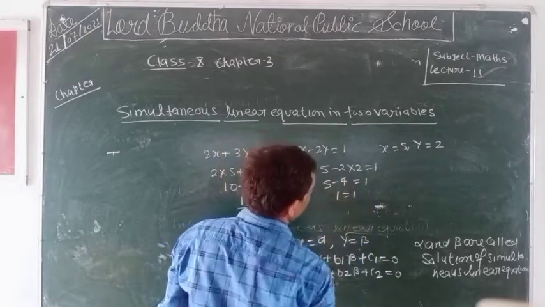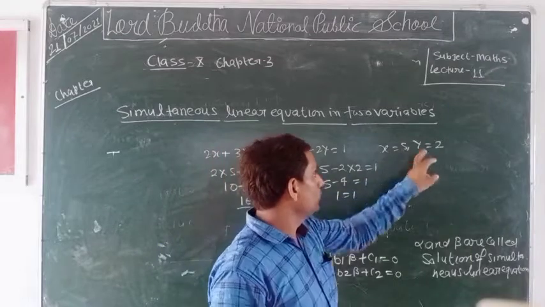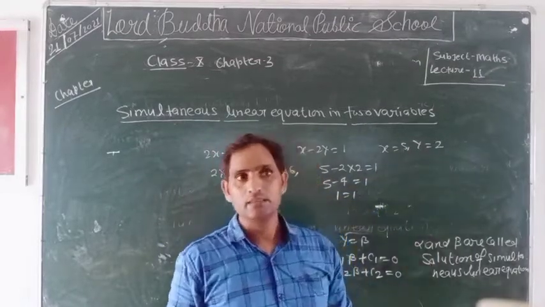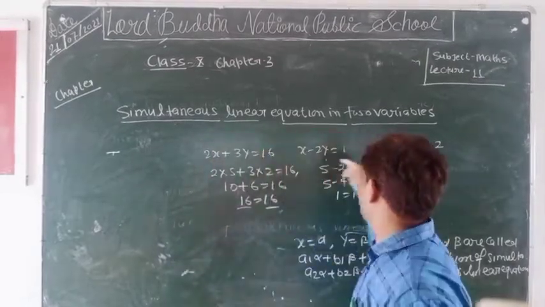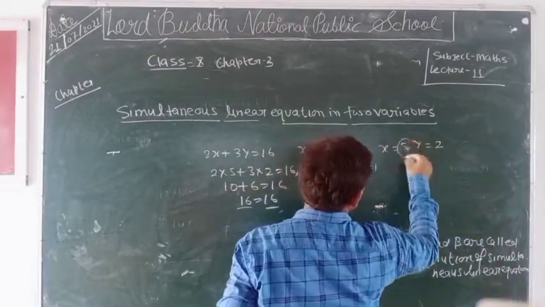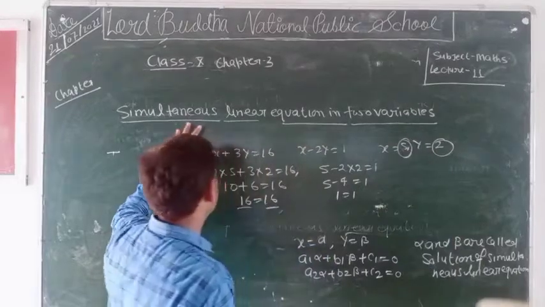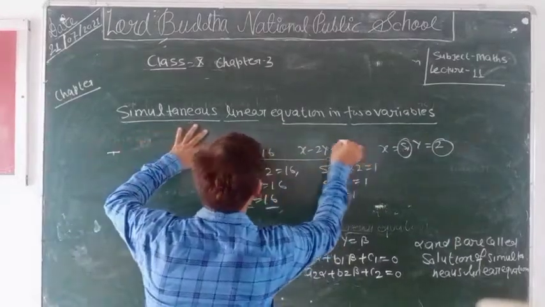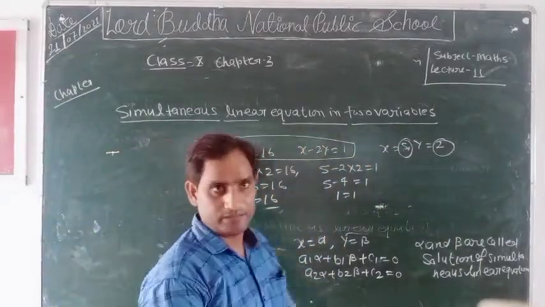This means this value of x and y satisfies these two equations simultaneously. Hence, this is the solution of the simultaneous linear equations in two variables.